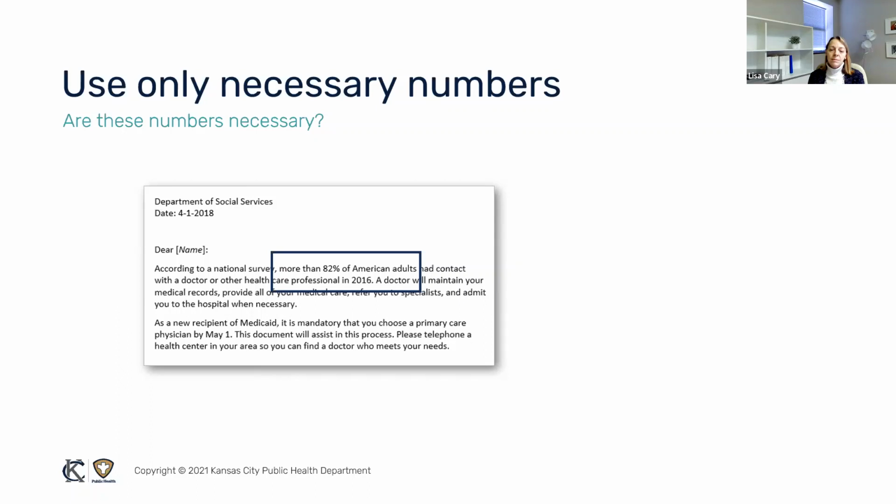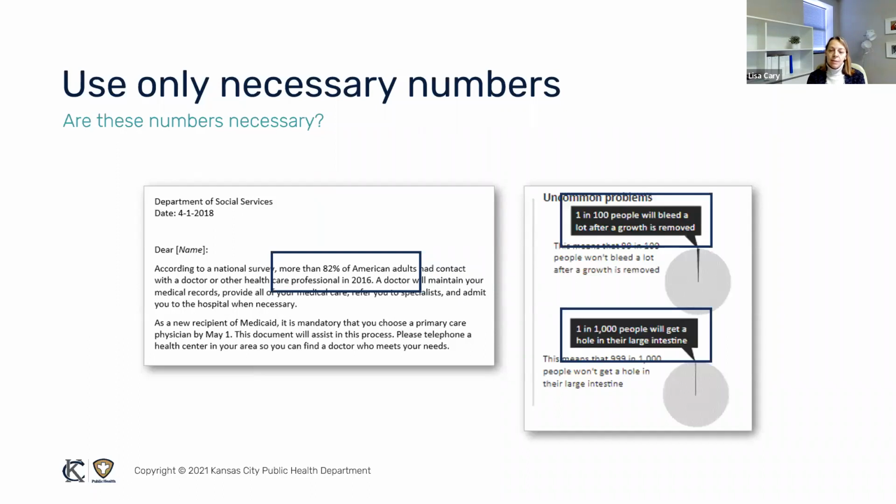Okay, I'm getting some no's. One person said yes. We're getting mostly no's. Yeah, and that's correct. We would say no, it doesn't help the recipients of the letter make a decision or motivate them to take action.